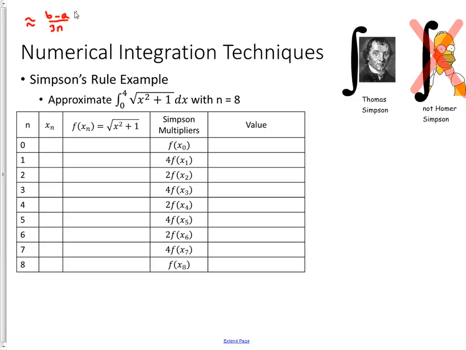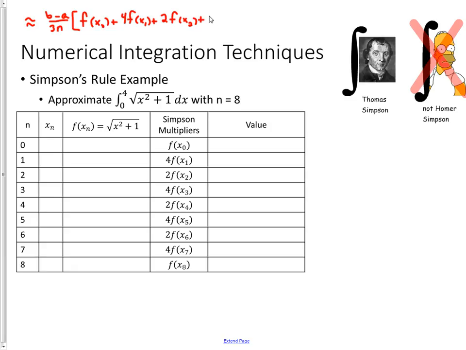times our summation, which would be f of x sub 0, plus 4 f of x sub 1, plus 2 f of x sub 2, and then we're going to start alternating between 2's and 4's.